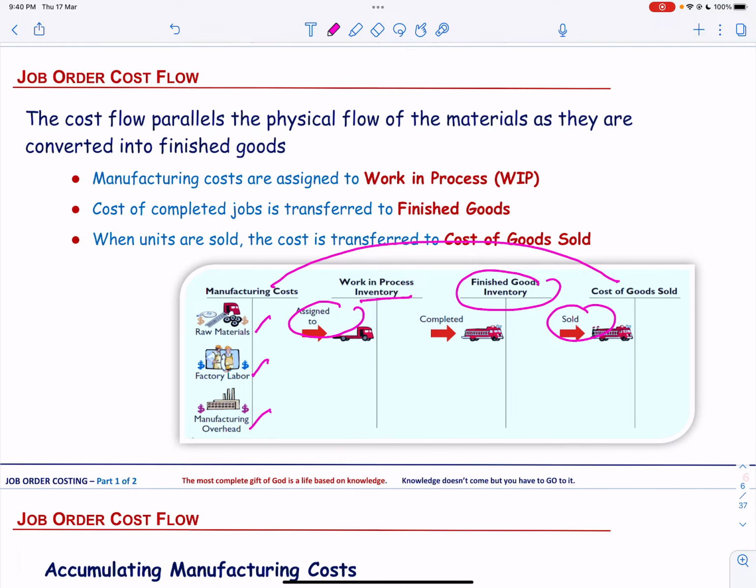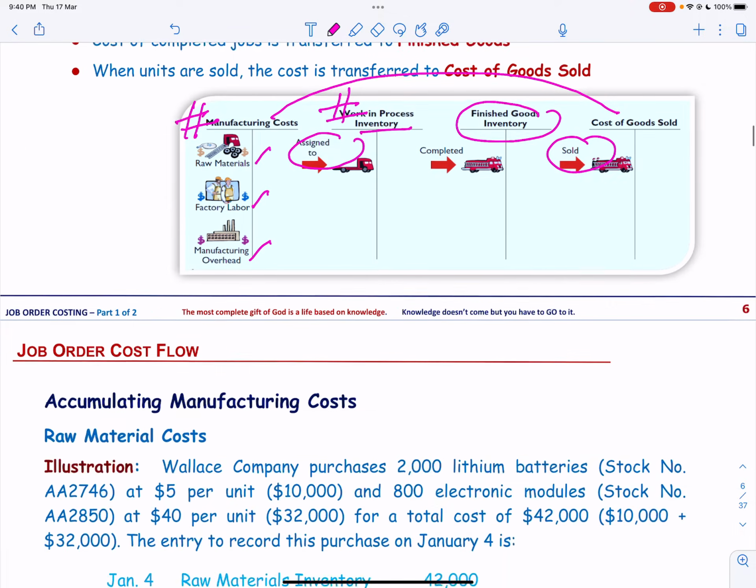There are two major steps in the flow of cost: accumulating the manufacturing cost incurred and assigning the accumulated cost to the work done. When the company incurs these costs, it does not attempt to associate the cost with specific jobs. Let us see how the company accumulates the manufacturing cost in the next slide.